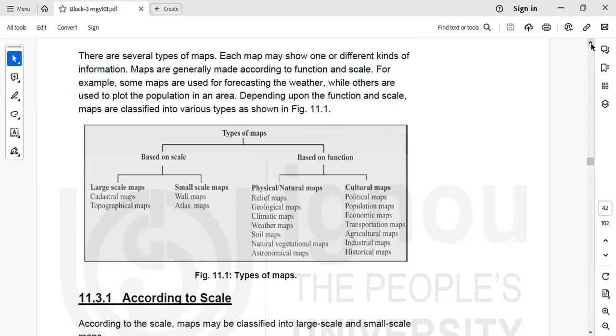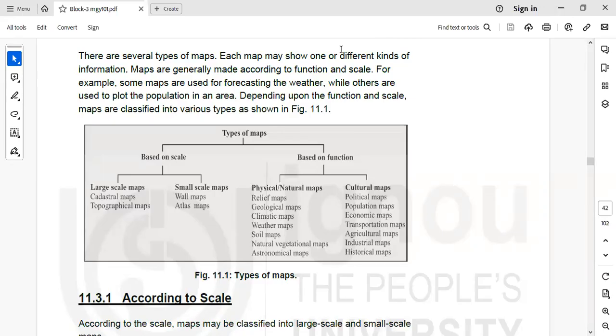If we have the knowledge about the scale, then with the help of the maps, we can determine the distance between any 2 points. Maps are defined based on the scale and based on the functions.